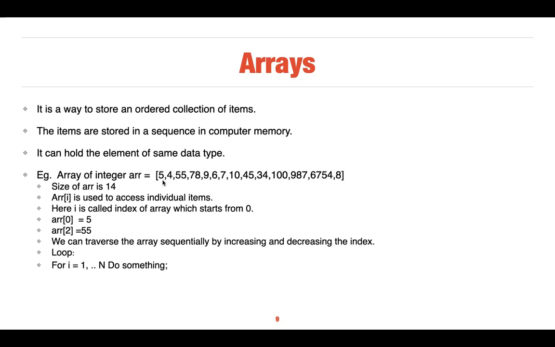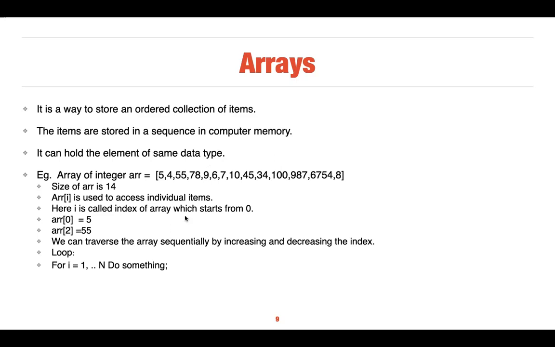So the first element will be ARR of 0. ARR of 0 is 5, ARR of 1 is 4, then ARR of 2 is 55. In the same manner, we will go till ARR of 13, which will be 8. In this manner, we traverse the array.